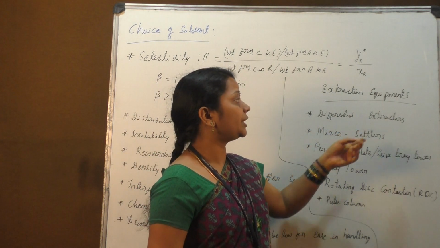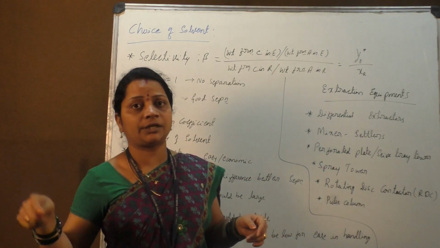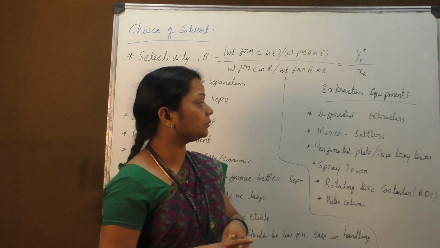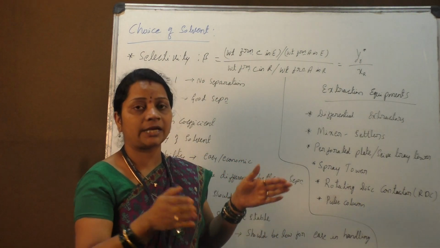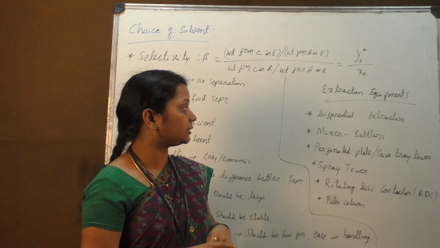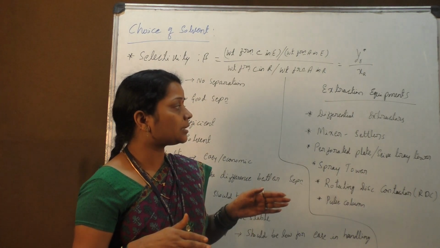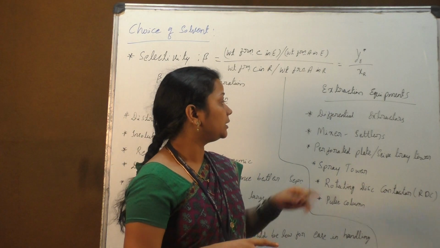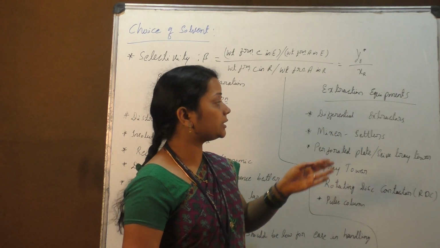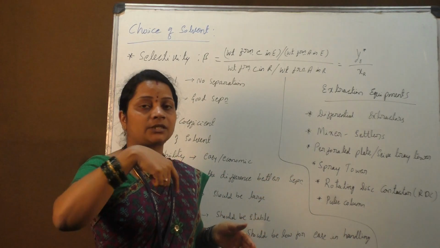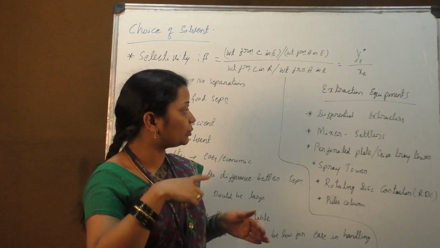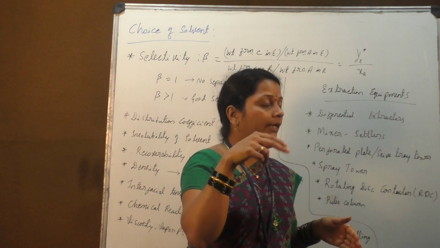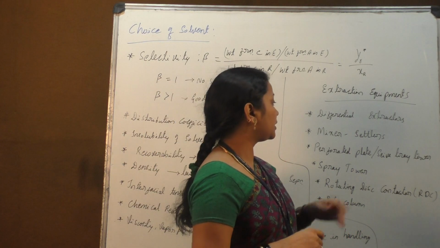The differential extractor allows you to take out the component intermittently. Mixer settlers are the ones where you have a single stage and a series of batteries along with that. Batteries are nothing but the series connection of individual mixer tanks. This mixer settler has a column along with an agitator, which helps in mixing both the components and gives uniformity of solvent throughout the entire solution in the container.